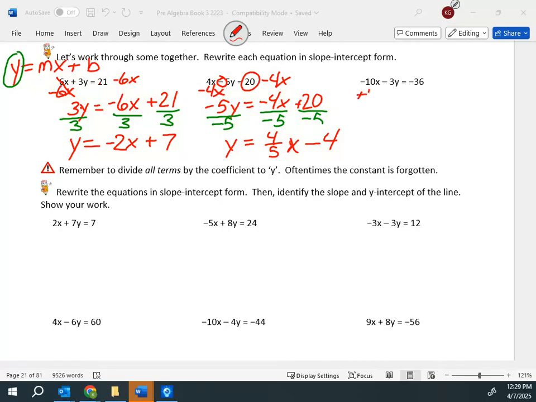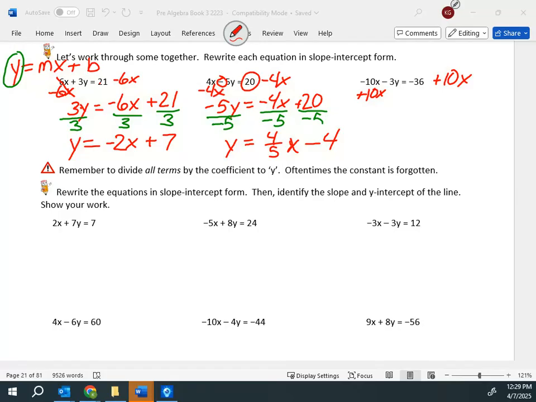So I need to add 10x to each side. So what is my equation that I'm left with? What's my new equation if I add 10x to each side? Who can tell me what I'm left with?